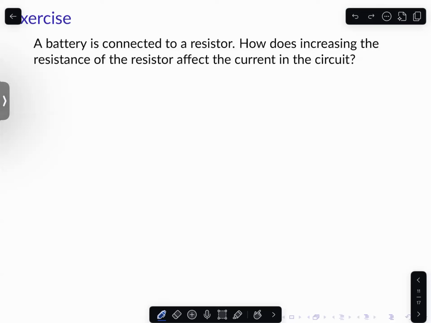I need to tell you properties of resistors and batteries. Well, I already told you a property of a resistor. The resistance of a resistor does not change. The current that flows through a resistor depends on the resistance of the resistor and the voltage across it. So V equals IR for a resistor. What about a battery?